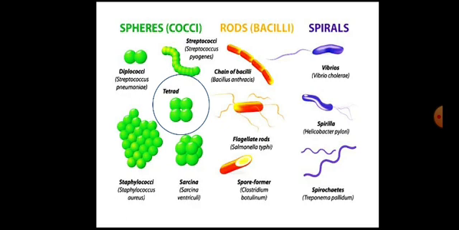Next arrangement is tetrad. That means four cocci are arranged in a group. If more than that are arranged in a group, like a group of grapes, it is called staphylococci. Staphylo means in groups, and therefore the name of the bacterium is given as Staphylococcus aureus.